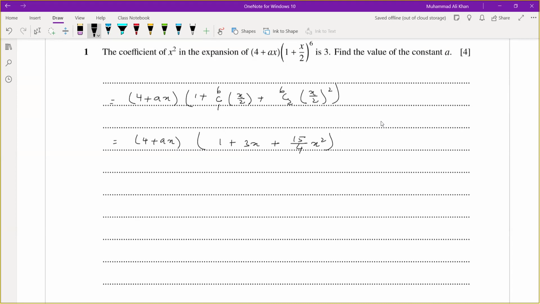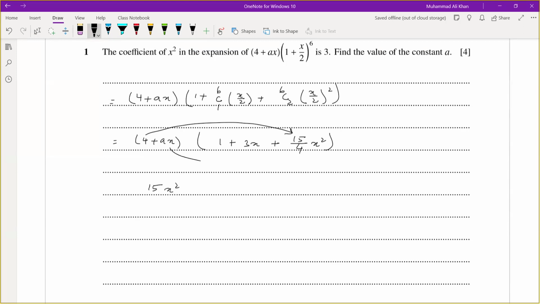x squared. Now, if 4 multiplies with 15 upon 4 x squared, it will give us 15x squared.